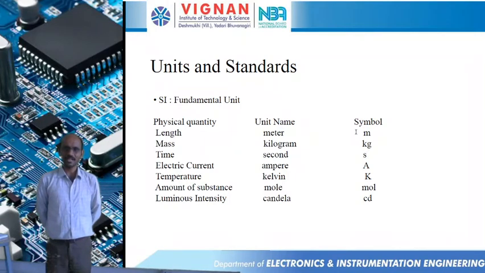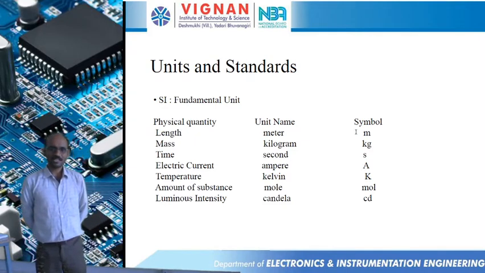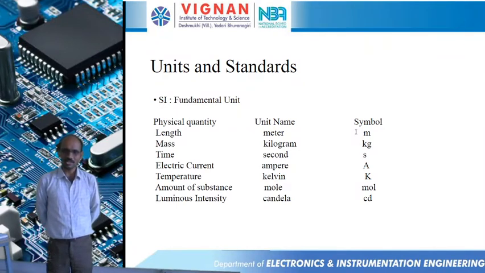Based upon the weight of this 1 cubic decimeter of water, a platinum iridium cylinder prototype is designed. This represents the material representation. So physical representation gives the standard and the material representation gives the unit.